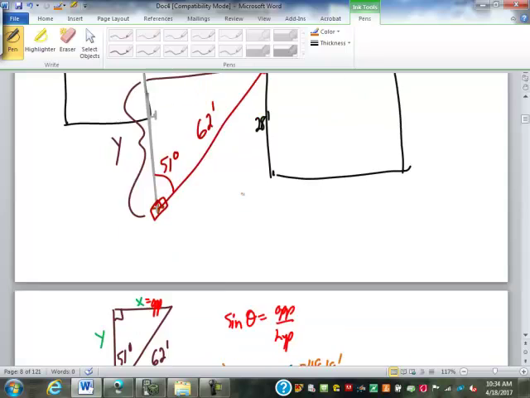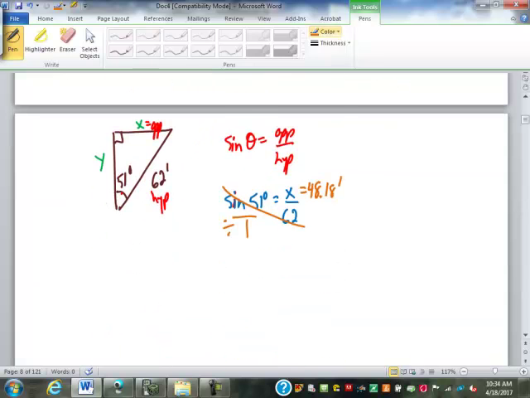Let's find Y. Y over here, of course, is the adjacent side, which means we're dealing with a cosine. Cosine's adjacent over hypotenuse. So it's the cosine of 51 degrees equals Y over 62.